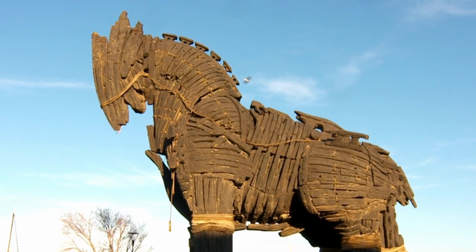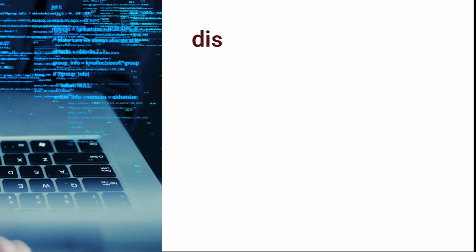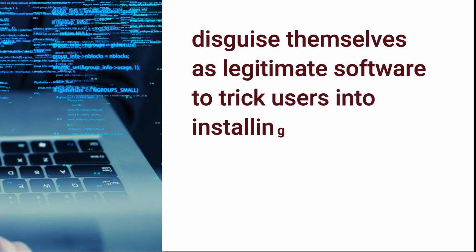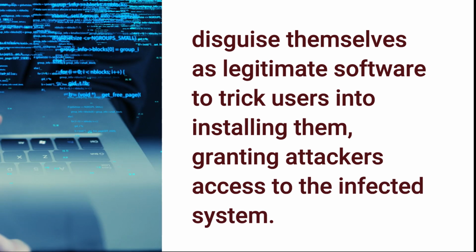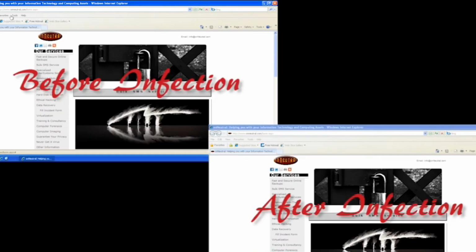Number 3. Trojans. Just as the name was based off the Trojan horse from Greek mythology, Trojans disguise themselves as legitimate software to trick users into installing them, granting attackers access to the infected system. For example, Zeus, Emotet, and TrickBot. How do they work?